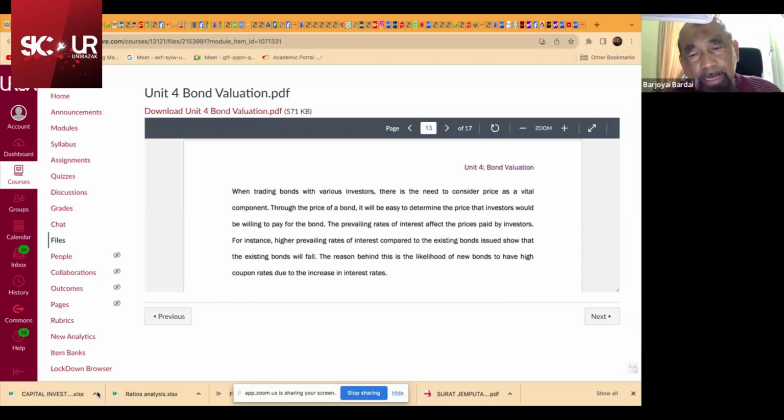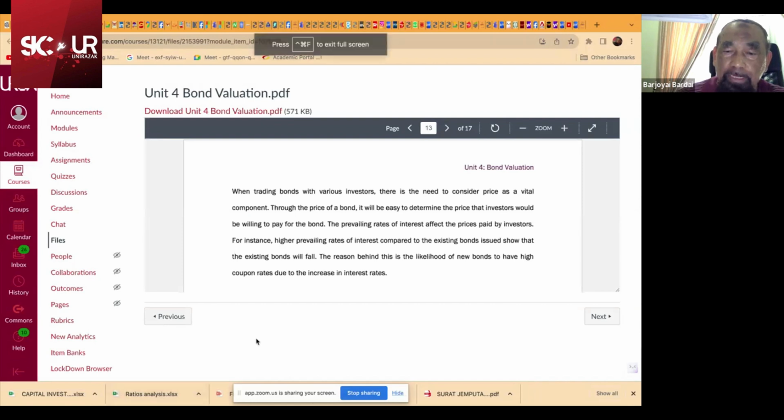And the reason behind this is the likelihood of the bond to have high coupon rates due to the increase in the interest rate. Interest rate here refers to the OPR. The OPR in Malaysia is the overnight rate, but in the US they just call it interest rate. Yeah?